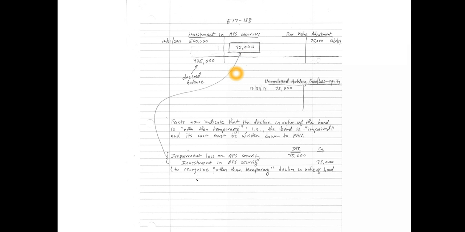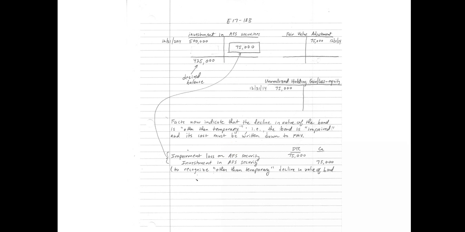So the journal entry we're going to make to reduce the carrying amount of that investment in AFS securities general ledger account is going to be a credit to that account of $75,000, which you see here, and the offsetting debit is going to be to an income statement account called impairment loss on available for sale securities.